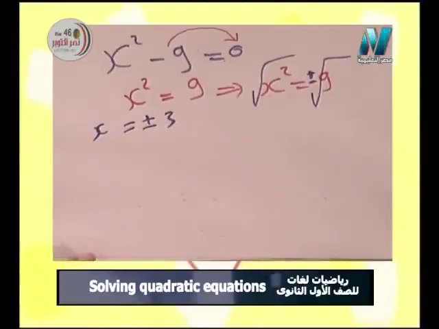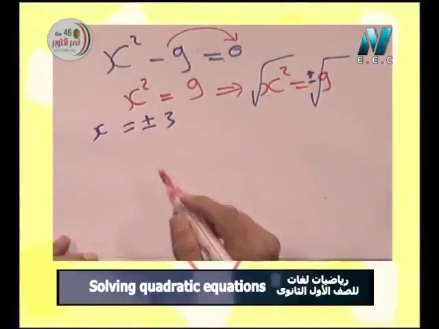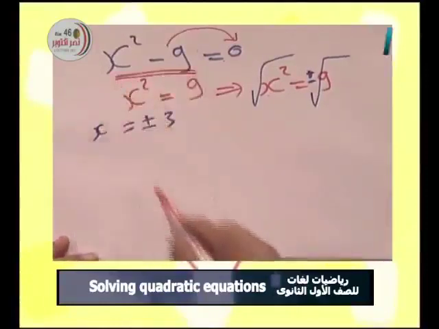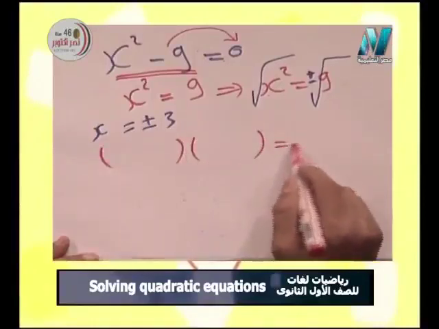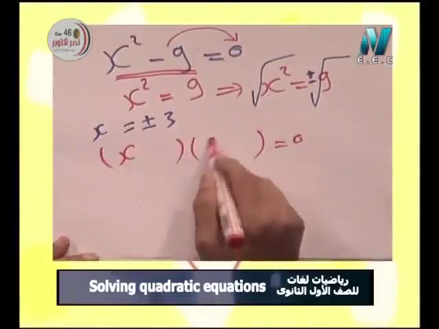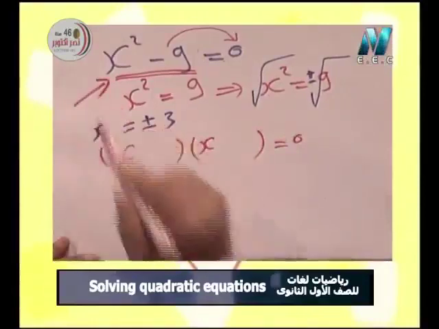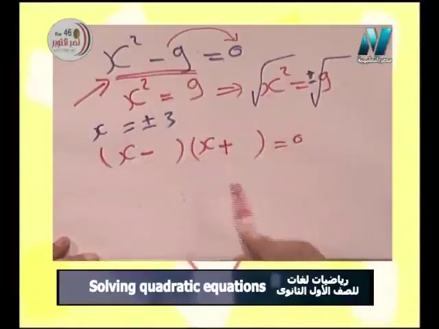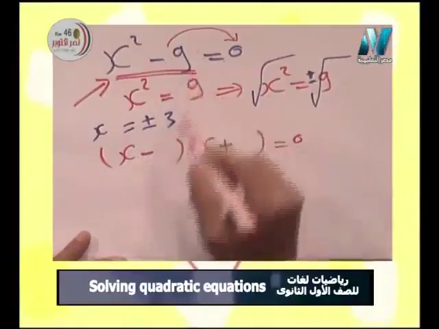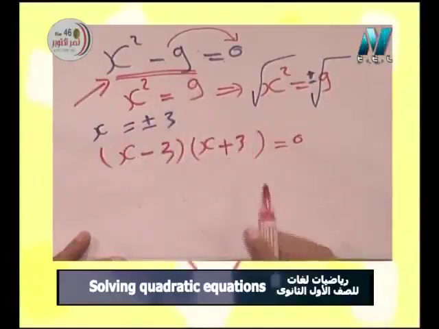Some of you solved it using factorization. Now we have a difference of two squares like this. x multiplied by x, when we factorize the x power 2, negative equals negative multiplied by positive. 9 equals 3 multiplied by 3.